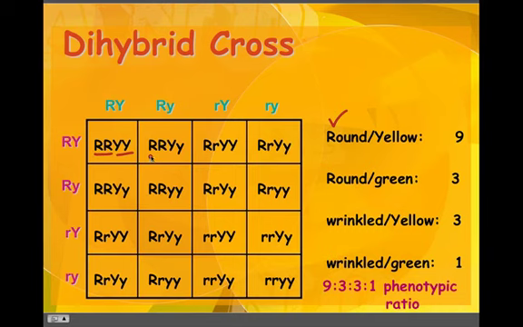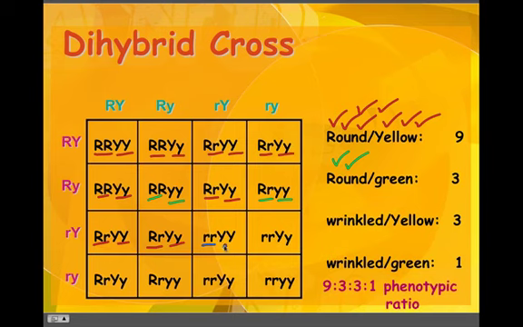So we've got one, round yellow, round yellow, round yellow, round yellow, round green, round yellow, round green, round yellow, round yellow, wrinkled yellow, wrinkled yellow, round yellow, round green, wrinkled yellow, wrinkled green.